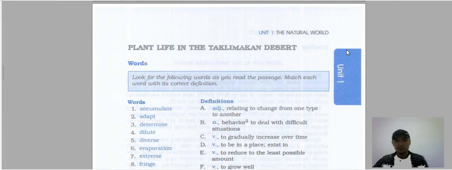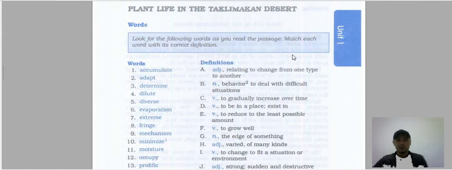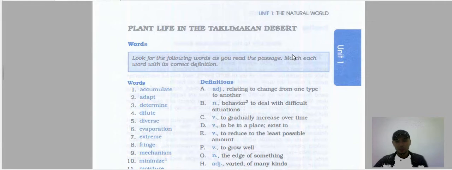And first, as a rule, let me ask you to look at this exercise, which is about the plant life in the Taklamakan Desert. As in the previous lessons, I'm going to tell you one important thing: plant life in the Taklamakan Desert is a kind of topic that can be very difficult, hard and tough for some students.